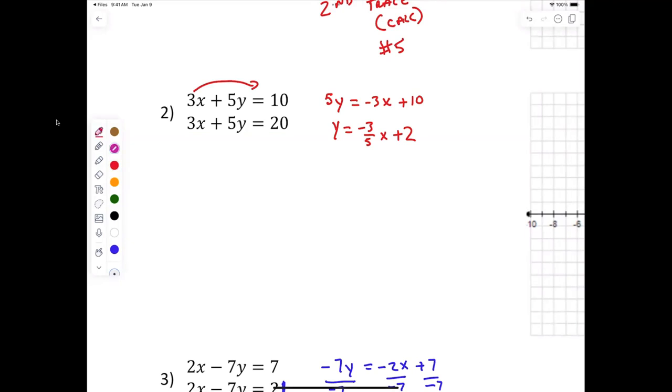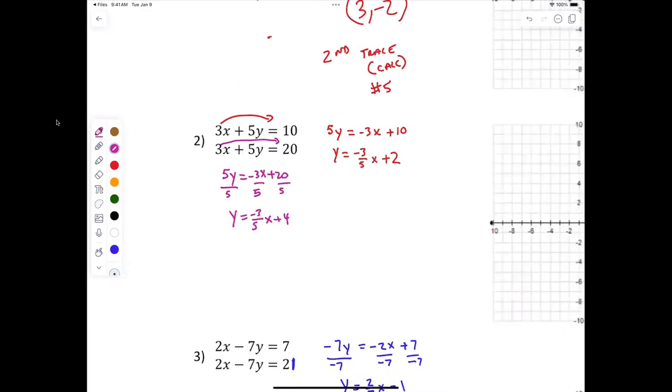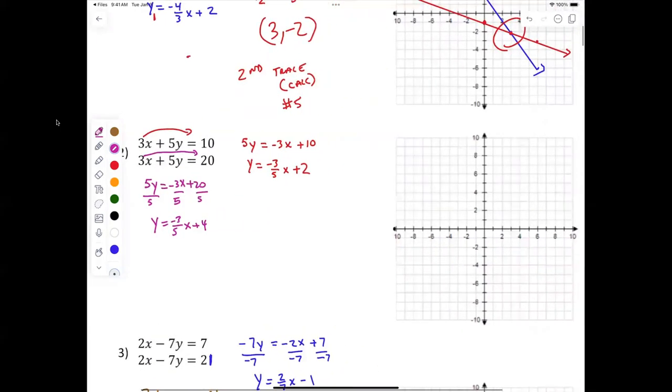Now on the second equation, still move the 3x over. And now what? Divide by 5 again. All right, let's graph both of these.